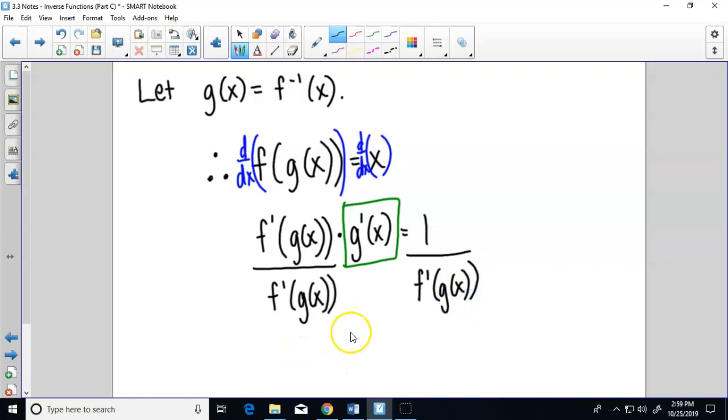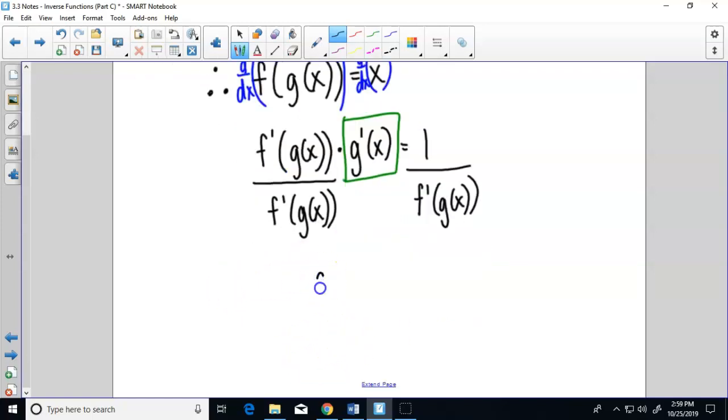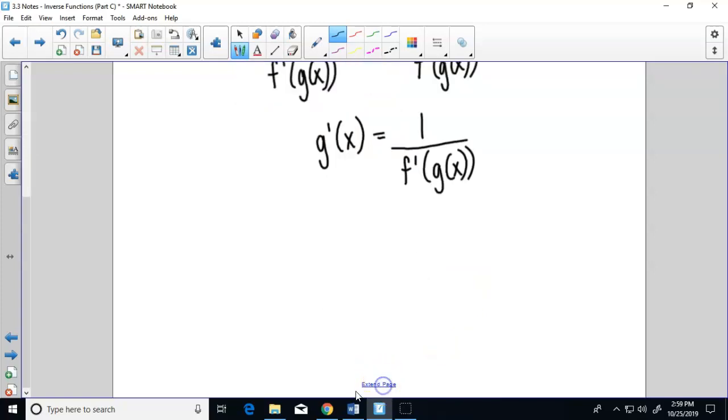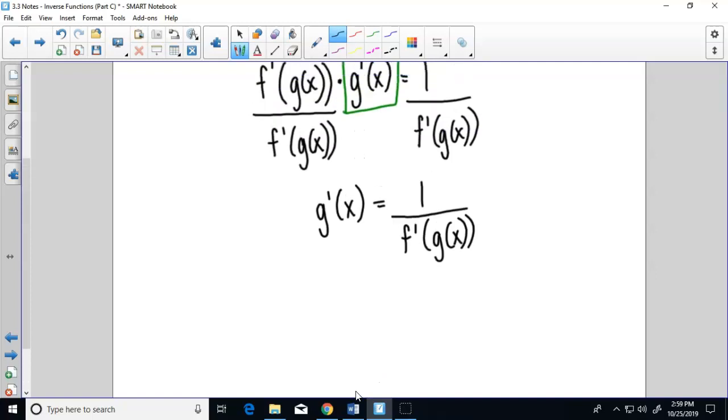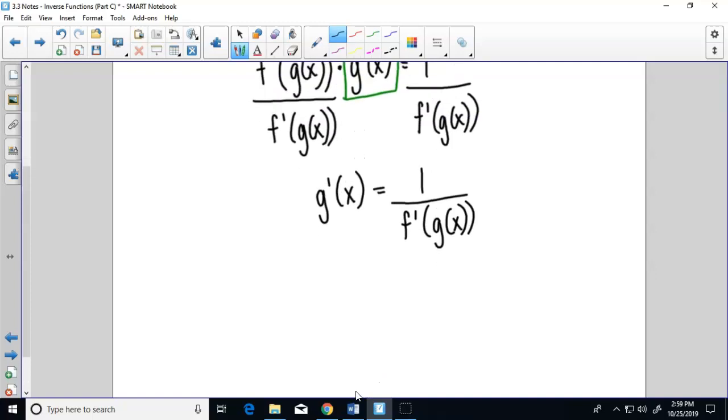So g prime of x equals 1 over f prime of g of x. This is your rule for the derivative of an inverse.